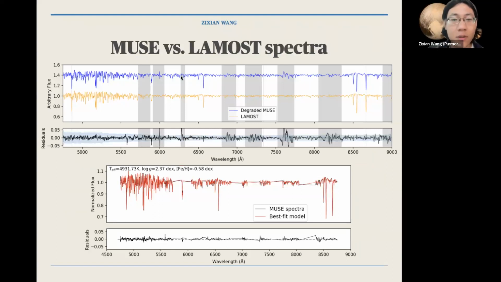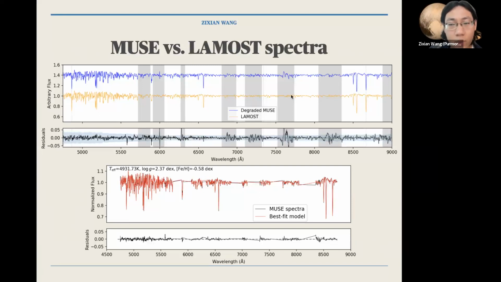So I will show you the top figure, which is the MUSE spectra versus LAMOST spectra for the same star. They are the same star. And I just modify MUSE into LAMOST and put them on top and bottom. I also have the residual panel. And you can see that the differences of these two spectra are very small.